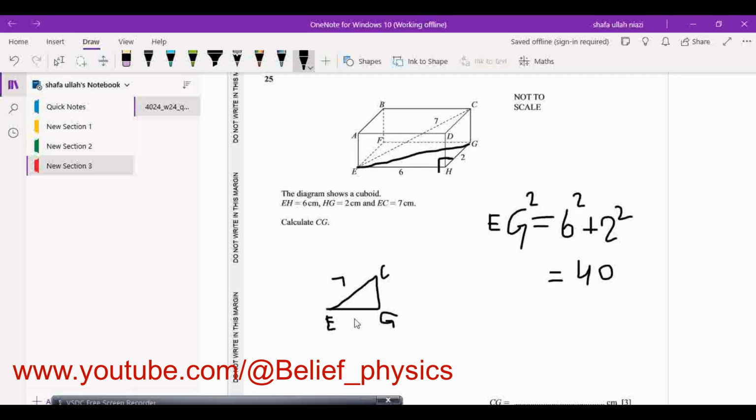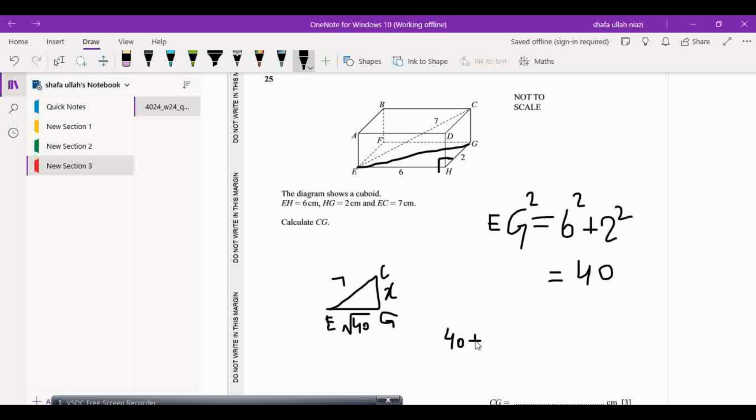EG, we know, is the square root of 40, and we have to find GC or CG. Here, if I put it as x, again I use the Pythagoras theorem: root 40 square plus x square is equal to 7 square. So 40 plus CG square, that is x square, should be equal to 7 square, and 7 square is 49.